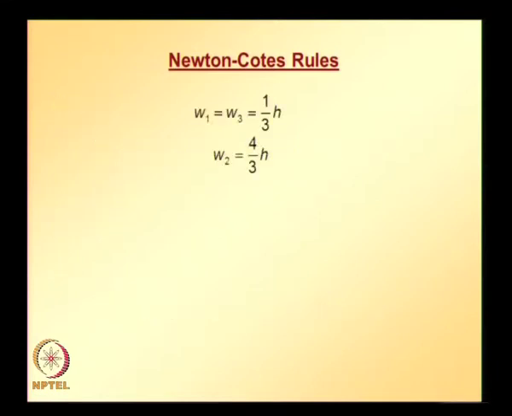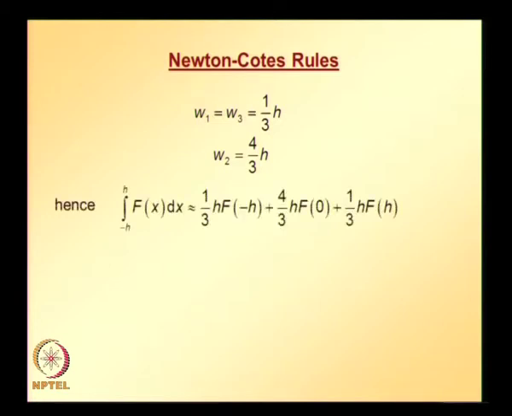Solving these 3 equations we get W1 equal to W3, which turns out to be h over 3, and W2 turns out to be 4h over 3. So the integral of fx between the limits minus h and h is approximated as 1/3 h times function evaluated at minus h, plus 4/3 h times function evaluated at 0, plus 1/3 h times function evaluated at h.